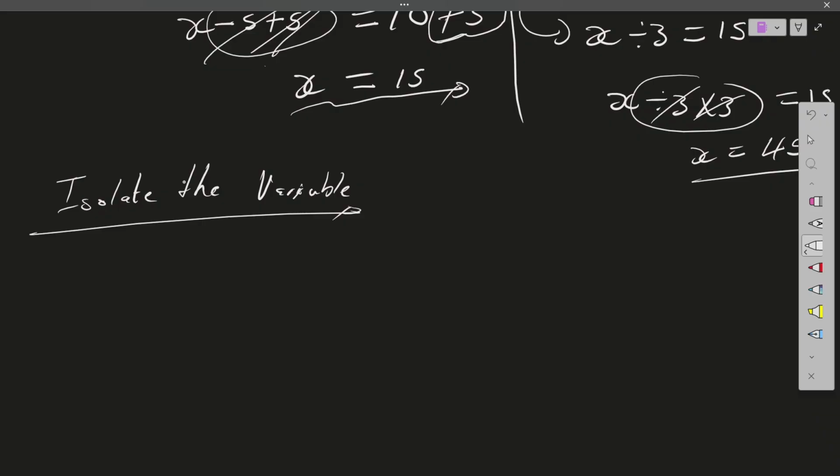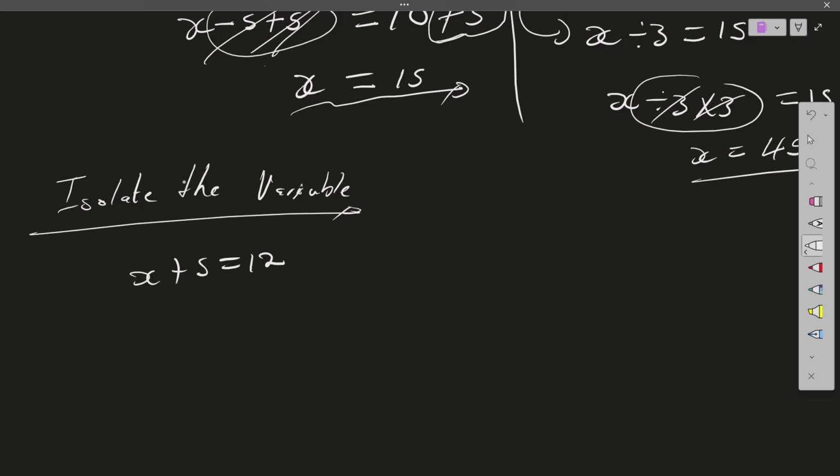Let's say we had x plus 5 equals 12. This is from our first example as well. Currently in this example, x is not alone. The plus 5 is attached to it and we need to remove it. Ask yourself, what is the opposite of adding 5?